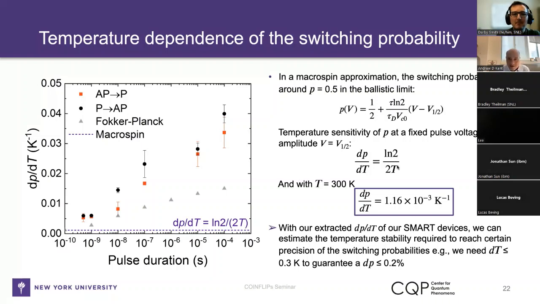It just depends on log 2 and 1 over the temperature. This is quite remarkable: you'd think all kinds of material parameters come in, but in this ballistic limit, they don't appear to. If you put in 300 Kelvin, you would get 1.16 times 10 to the minus 3. That's the fundamental limit. We're at 0.05, a factor of 4 higher than that in our measurement.